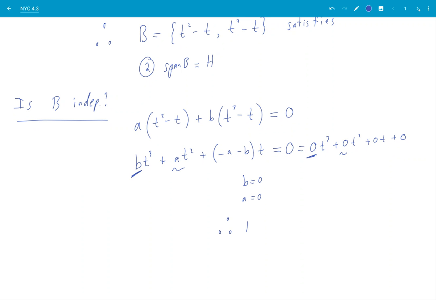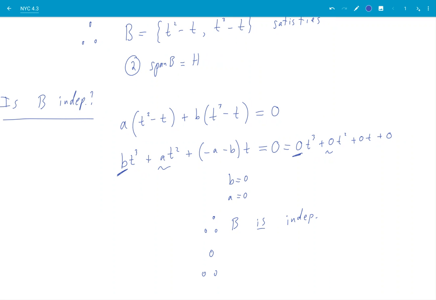Therefore, B is independent, because I went looking for a solution here, and I found that the only solution is the trivial one. Okay, so we're done. Therefore, B listed up here is a basis for H.